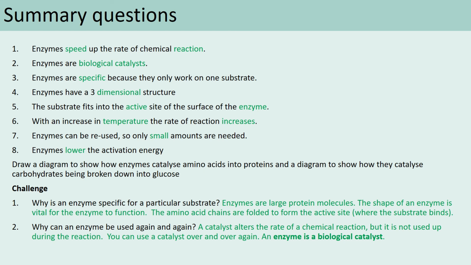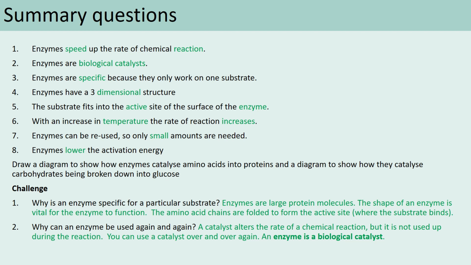Number 5, the substrate fits into the active site of the surface of the enzyme. Number 6, with an increase in temperature, the rate of reaction increases. Number 7, enzymes can be reused, so only small amounts are needed. Number 8, enzymes lower the activation energy.